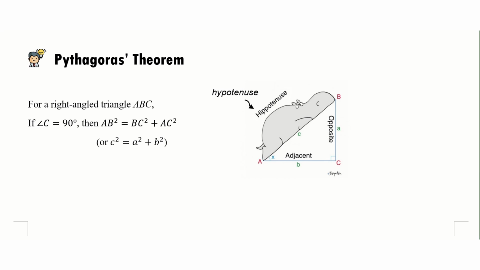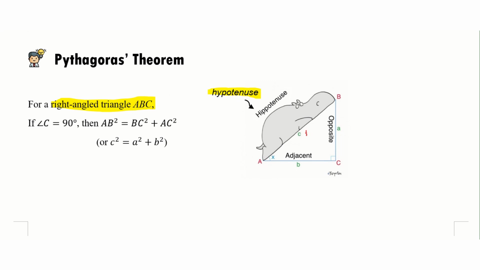Now for Pythagoras theorem, there are two main focuses. Firstly, the Pythagoras theorem can only apply to a right-angled triangle. For other kinds of triangle, Pythagoras theorem cannot apply. Only in a right-angled triangle are we able to identify the hypotenuse, and the hypotenuse has two important properties.